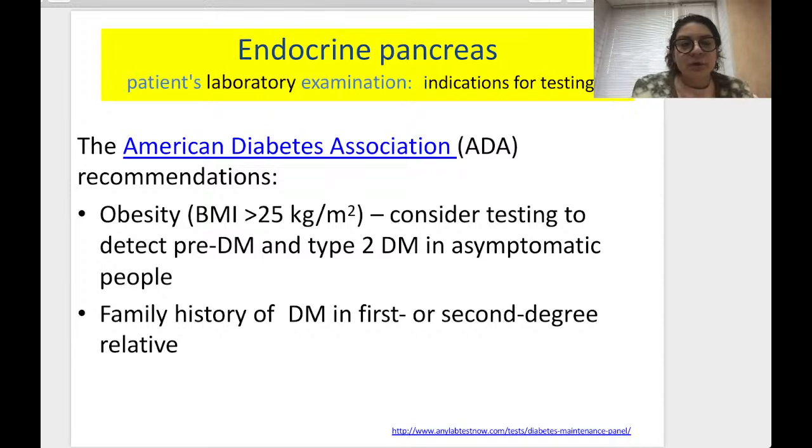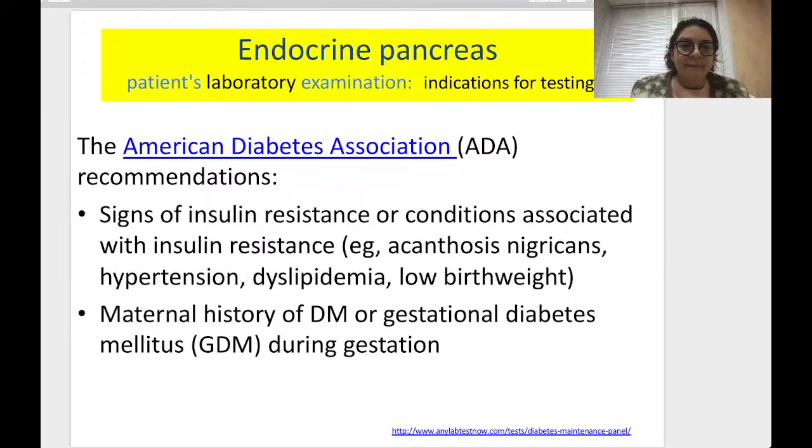It is obligatory to do in patients with a family history of diabetes mellitus in first or second degree relatives. Testing is obligatory for people with signs of insulin resistance or conditions associated with insulin resistance like acanthosis nigricans, hypertension, dyslipidemia, low birth weight. All these people annually have to do a checkup for diabetes tests.